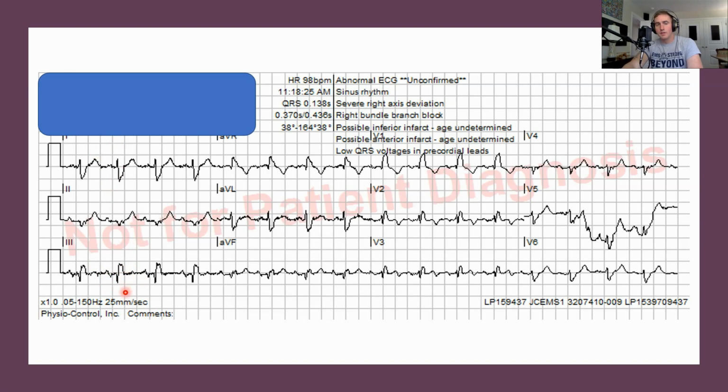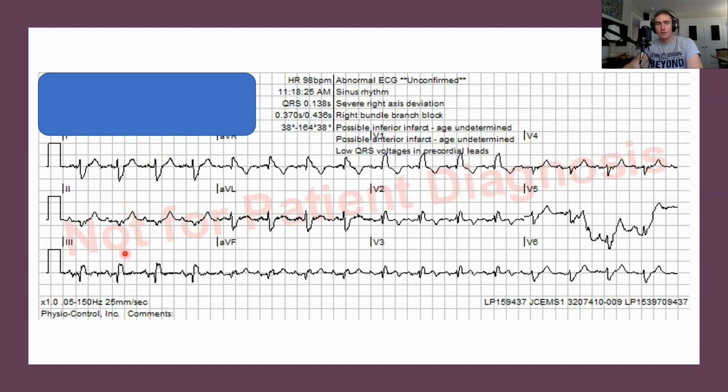Everything that occurs at the same moment in time, so all of these complexes right here and all of these right here are occurring simultaneously. Okay? So if you look at all of these leads, if you look at V1, you can see there's a clear J point. So the J point is right here in V1, or lead 1. So if I take that, I draw a vertical line all the way down, and all I have to do is follow this thick line.